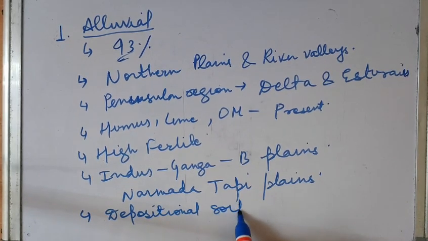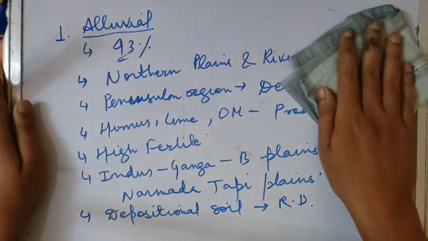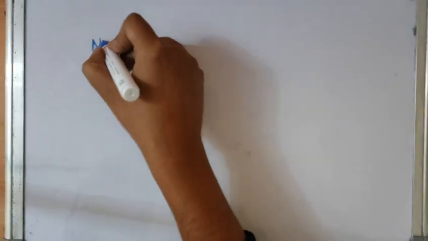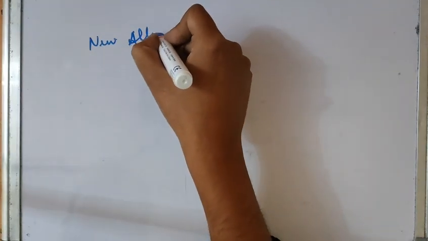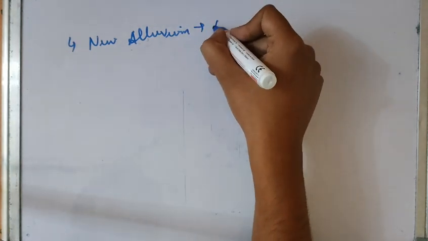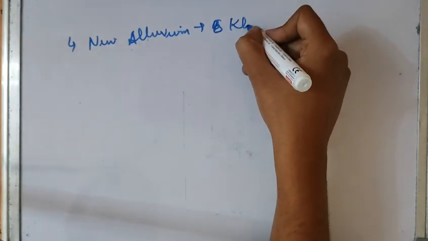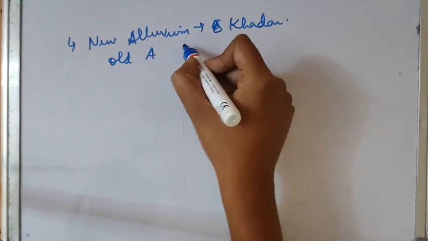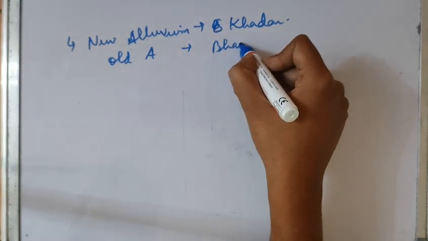Depositional soil, as it is formed by river deposition. New alluvium is called Khadar, and old alluvium is called Bangar.